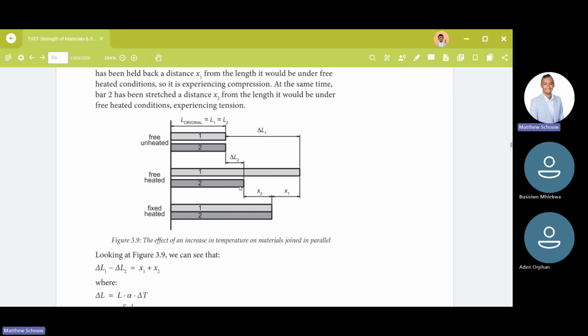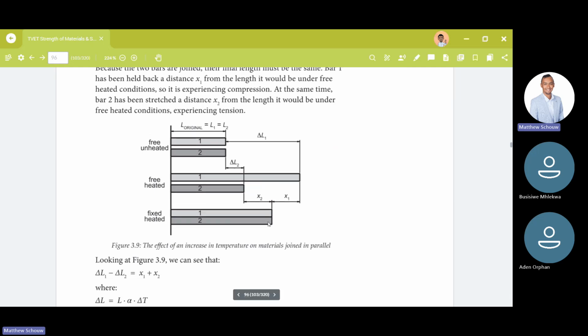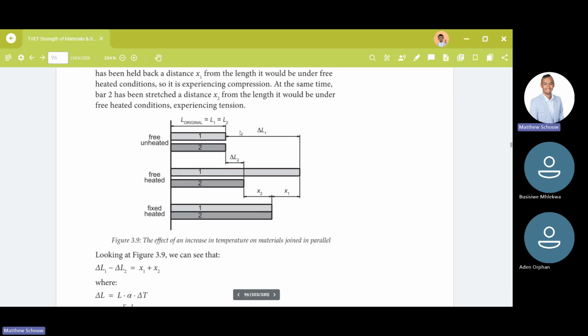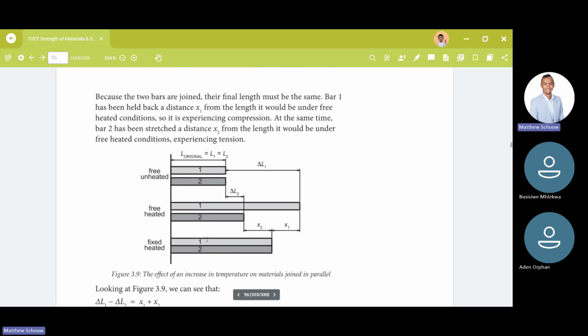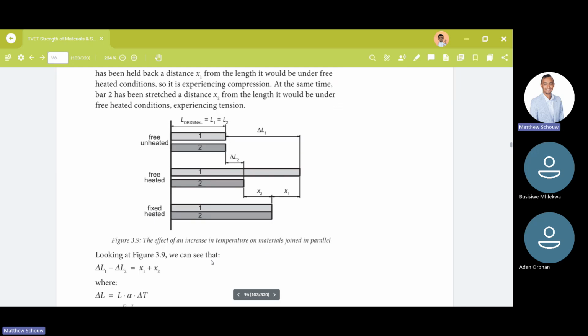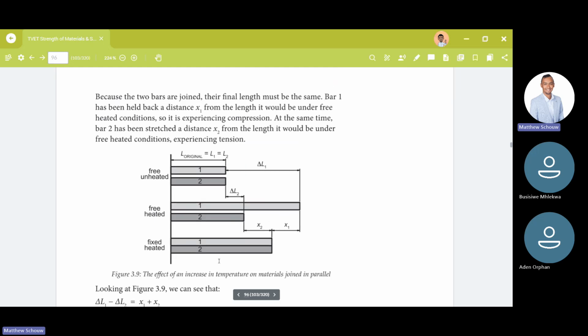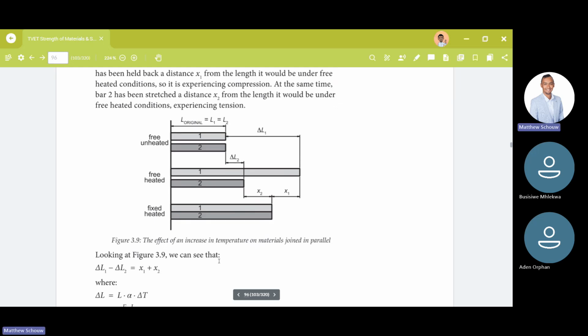However, number 2 still needs to grow, and therefore, as it's connected to number 1, it will be in tension. So if you look at the actual sketch, you'll see L1 plus change in L1 minus change in L2 is essentially equal to x1 plus x2. The reason for this is that the final length must be the same because they are attached to each other. That's the key here.